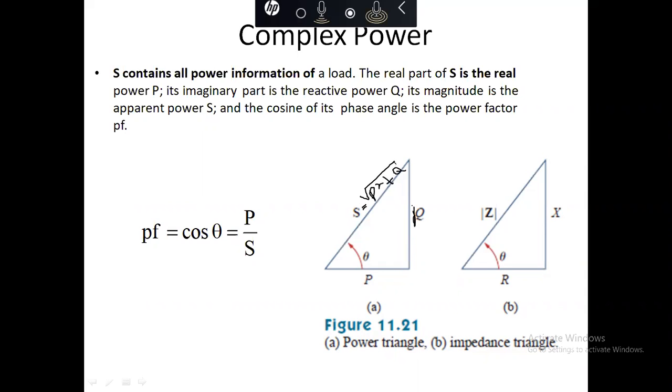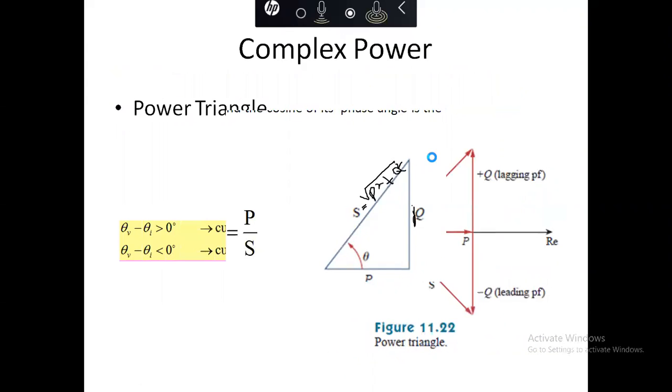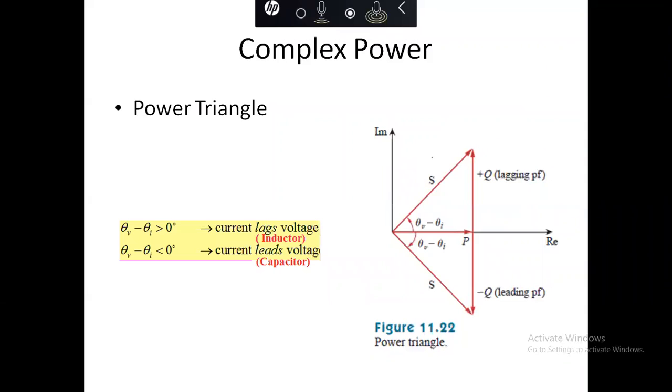So I hope you learned about this. Now there is the lagging and leading concept of power factor. For example, the phase of the current is 0 and the phase of the voltage is theta V. So theta V minus theta I is positive.